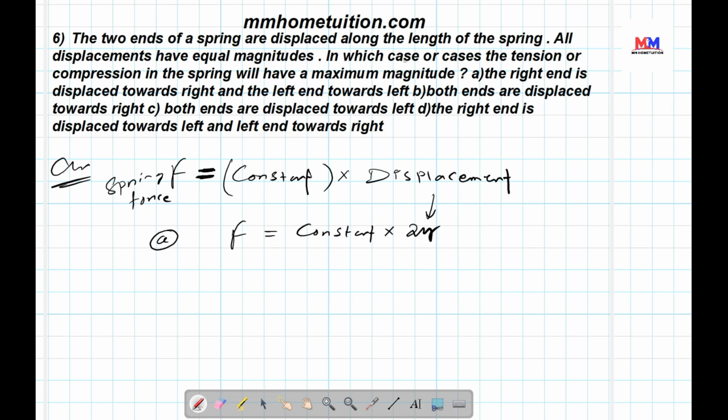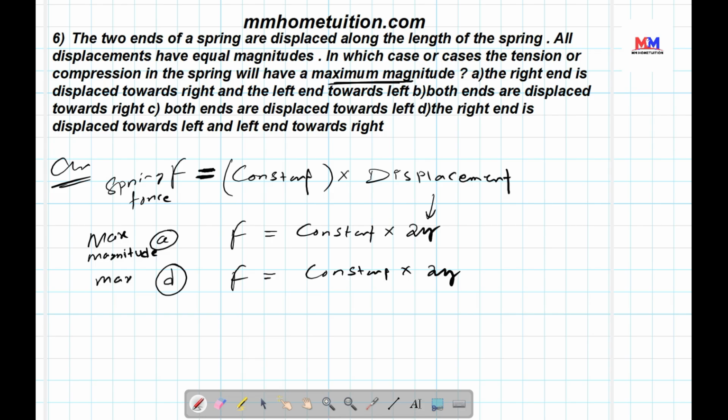In which cases does the tension or compression in the spring have maximum magnitude? So we have to find the maximum magnitude. In case of option A, maximum magnitude is there. In case of option D also, force is constant into 2y, so maximum magnitude is there.